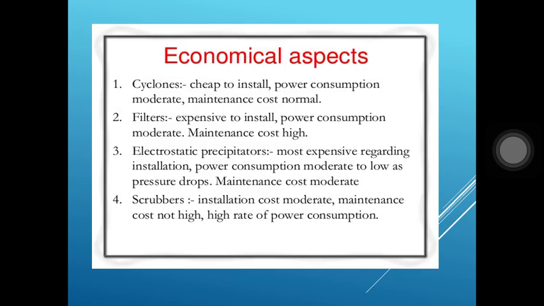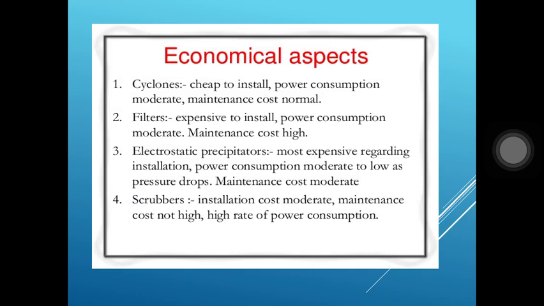Economical aspects. Now let's compare all the equipments used. Cyclones: cheap to install, power consumption moderate, maintenance cost is normal. Whereas filters: expensive to install, power consumption is moderate, maintenance cost is high.